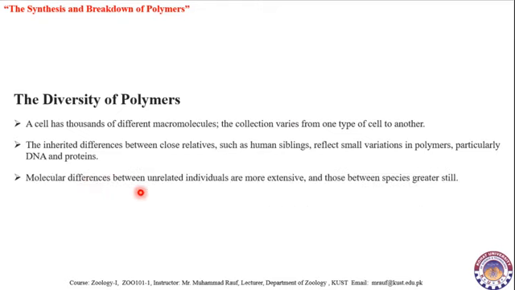Molecular differences between unrelated individuals are more extensive, and those between species are greater still. So the molecular differences increase as the phylogenetic or evolutionary distance between two species increases.